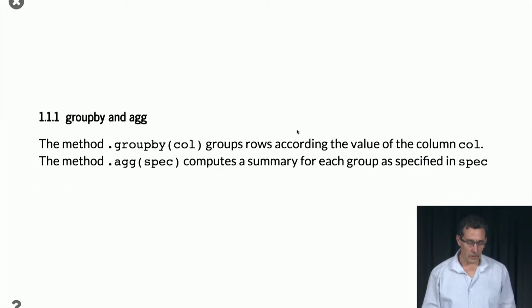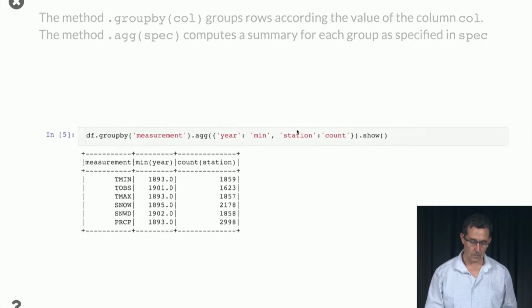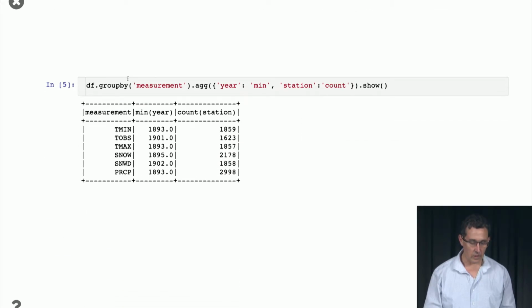Okay, so to get a little bit more information, we can use the command group by, which groups according to the value of the column, and then we can use the command aggregate to compute a summary for each one of the groups. So what do we have here? We're grouping by measurement, so the type of measurement.